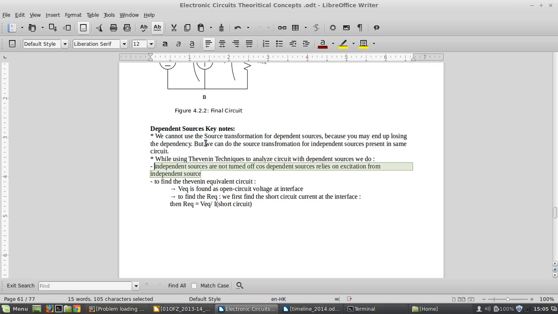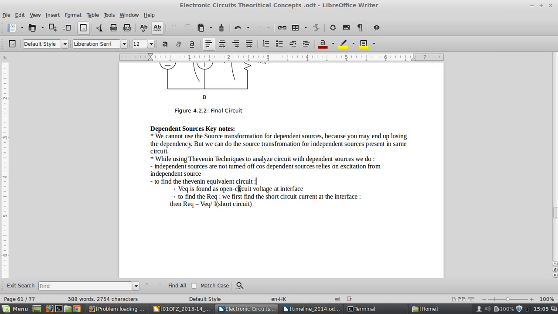Be careful, because for R equivalent we turn off all the independent sources. But in case a dependent source is present, only the independent sources which are not related with the dependent source are turned off, otherwise not.